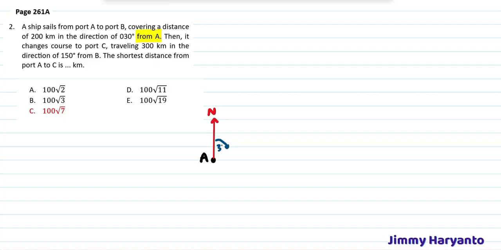So this one is 30 degree, and then you draw the line, and you will get port B.